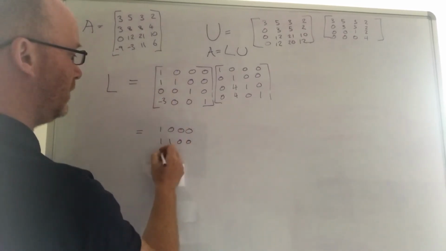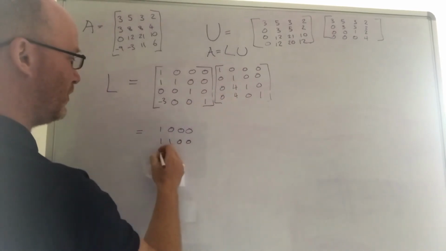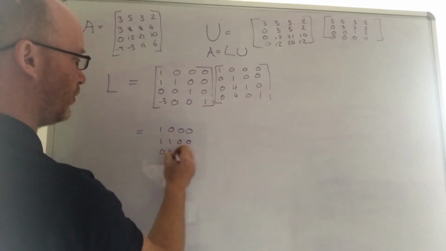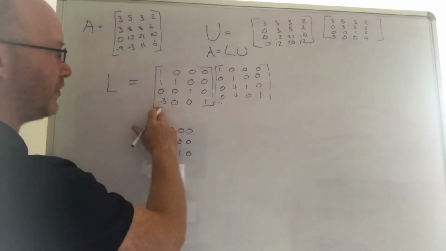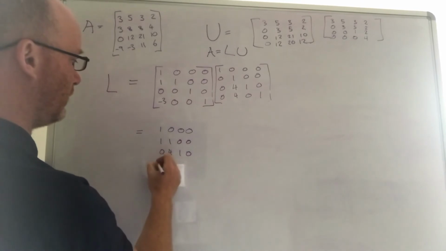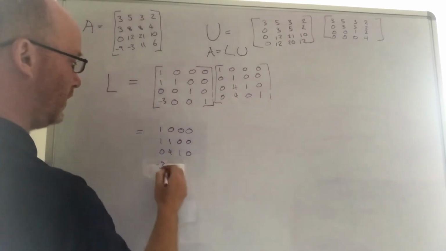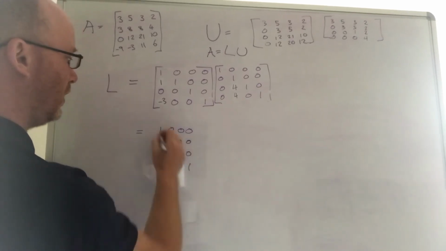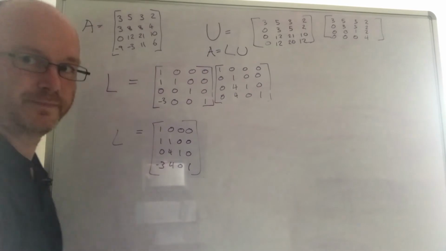This is going to be 0 times the first row, 0 times the second row, 1 times the third row, so this is basically going to give us the third row. And then finally we've got minus 3 times the first row plus 1 times the last row. That's going to give us minus 3. There's no other values in there. I'm going to take the values as they are in the bottom row, and that gives us our combined L.